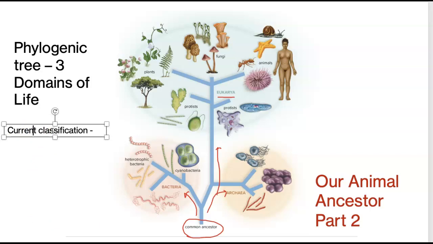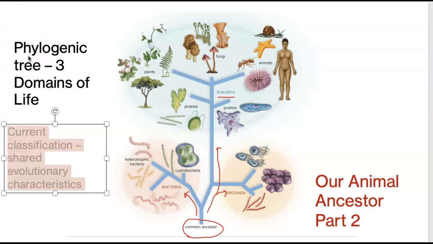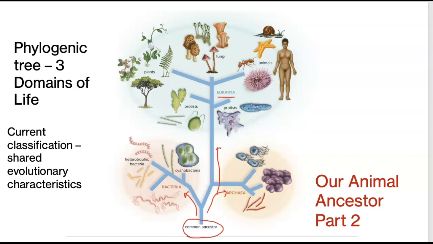All right, current classification. A lot of what we're looking at with current classification is based on shared evolutionary characteristics. So we're trying to organize things based on, do they have shared ancestry, shared features and traits that came from a common ancestor?